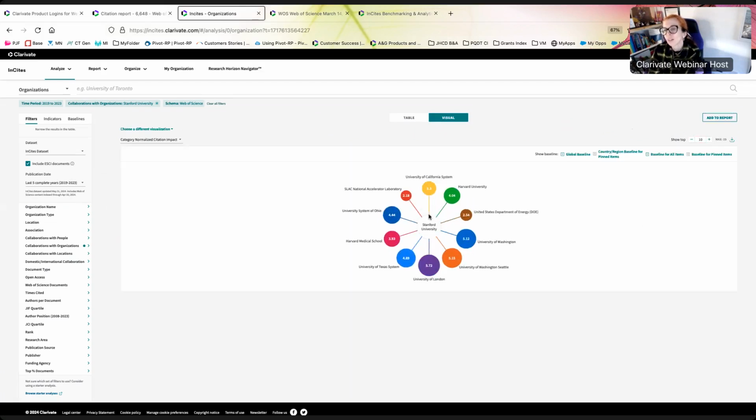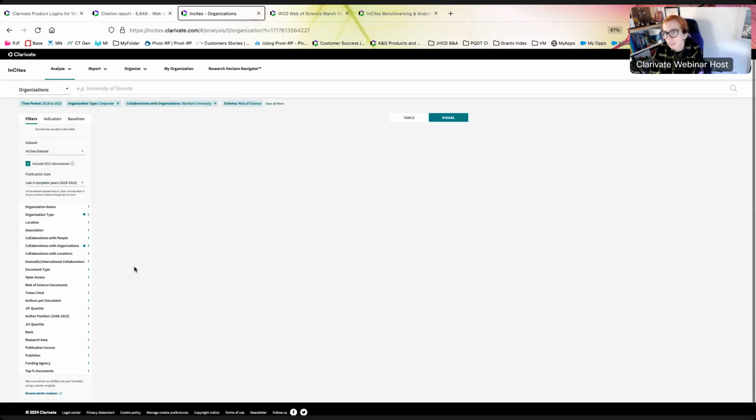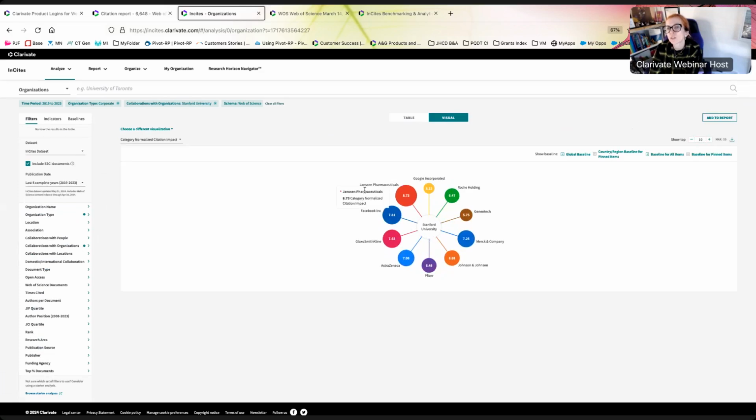There you go. And see, now they're sorted by the impact that each of these collaborations is having. You can filter to show just academia with academia, or you can say, show me corporate only, because I want to see Stanford collaborating with industry instead of academia, and it's going to show you all of that.